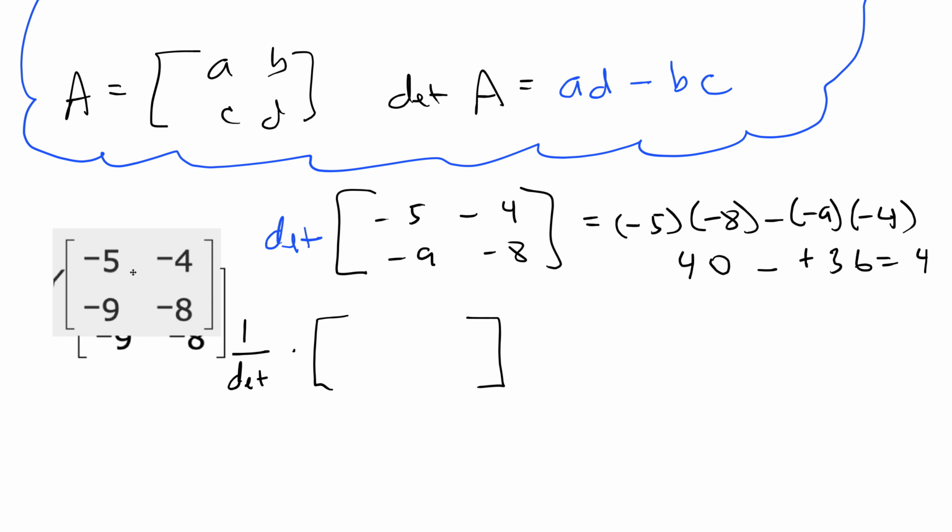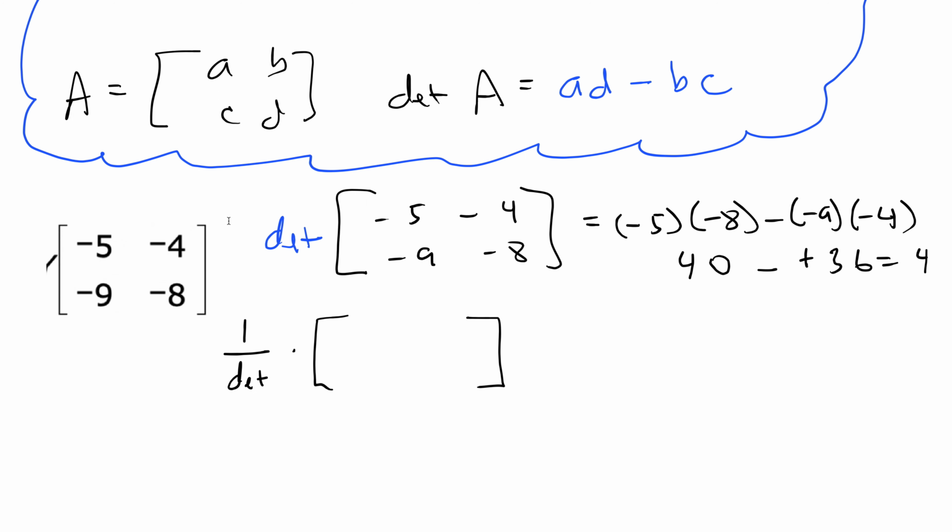So there's the original one. Okay. And we want to swap these guys right here. So what do we put? -8 and -5. And then we're going to opposite sign these guys right here.